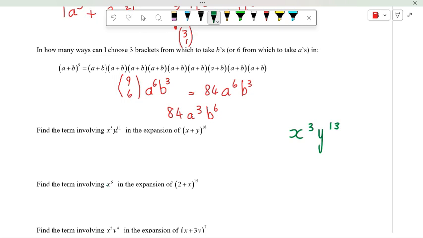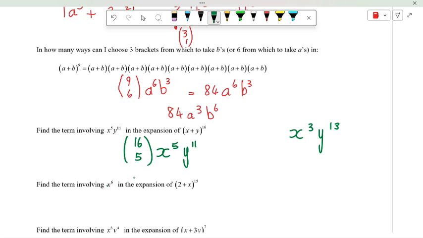But the term involving that is basically what we're going to take is x's from 5 brackets and y's from 11 brackets. Okay. And there's 16 brackets altogether. And so I need to choose 5 different brackets from which to choose the x's, or 11 different brackets from which to choose the y's, because we're going to get many terms that add up to produce a final term of x to the 5 y to the 11 when we expand the thing.